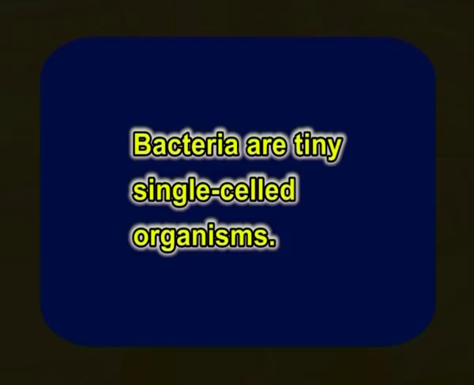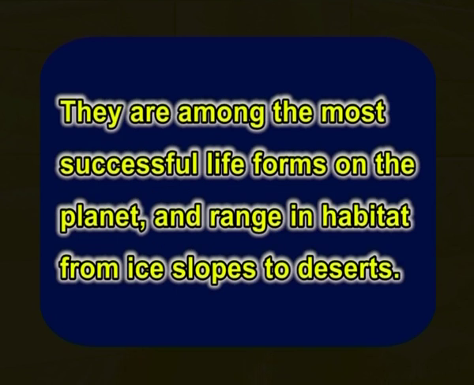Bacteria are tiny single-cell organisms. They are among the most successful life forms on the planet and range in habitat from ice slopes to deserts. Bacteria can be beneficial. For instance, gut bacteria help us to digest the food, but some are responsible for a range of infections.